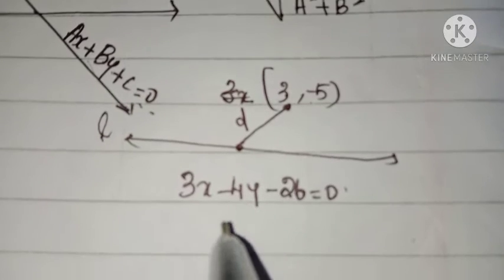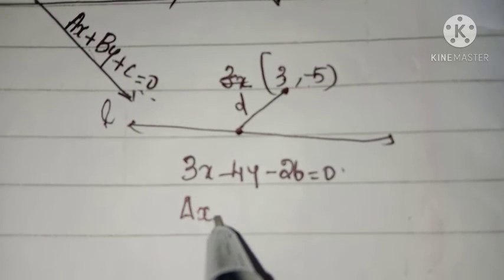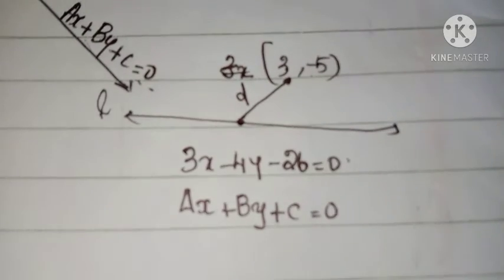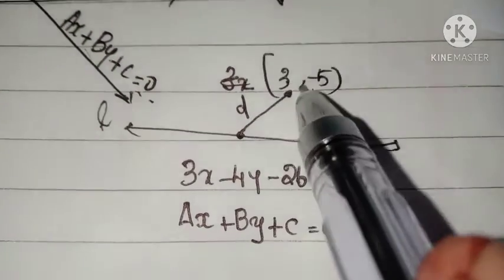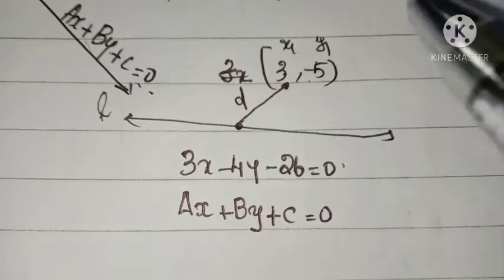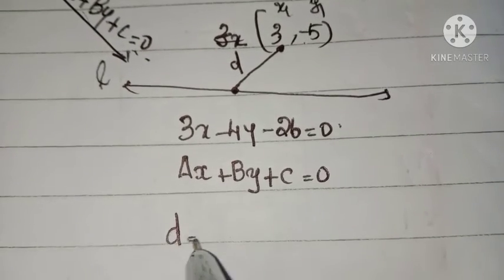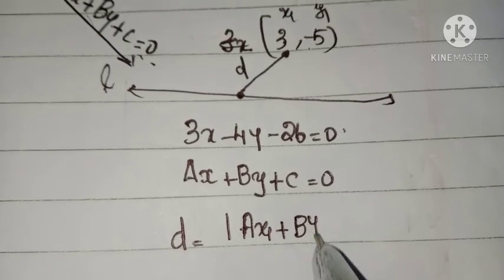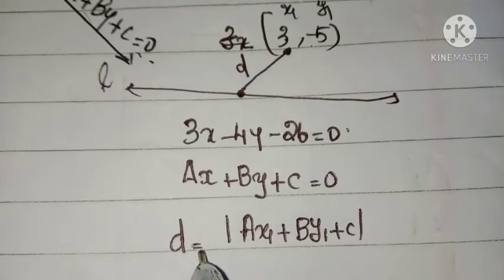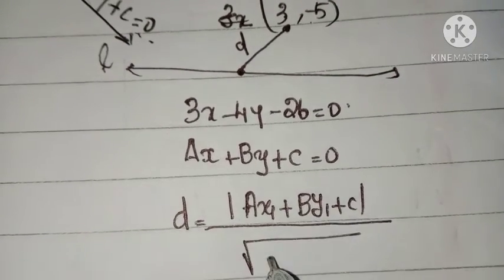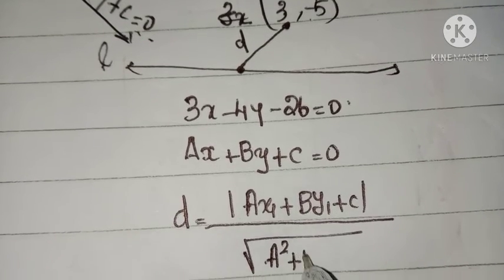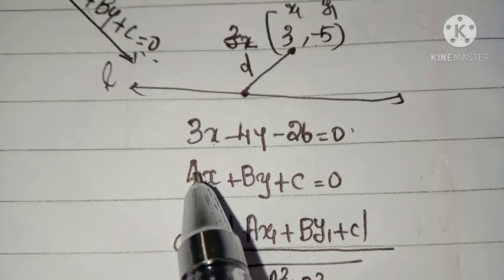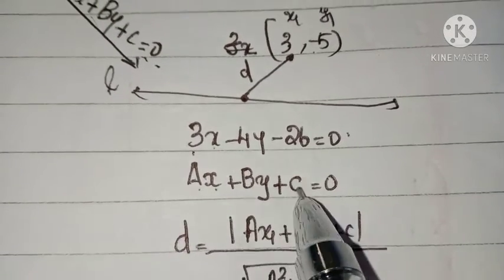Let us consider the given equation as ax plus by plus c equal to 0 and the given point as x1, y1. Then what is the distance? Distance is modulus of ax1 plus by1 plus c whole divided by root of a square plus b square. Just compare these two equations and replace a, b, c.